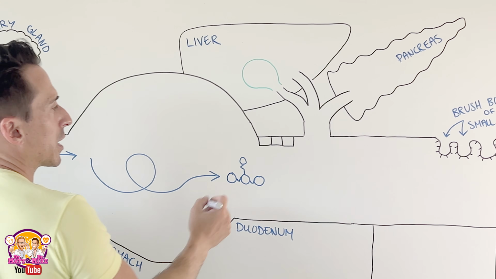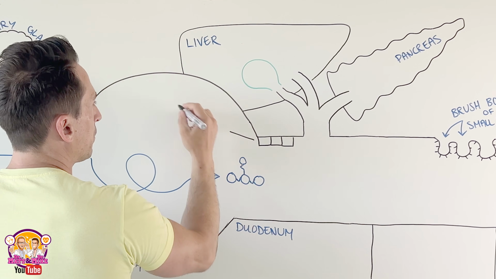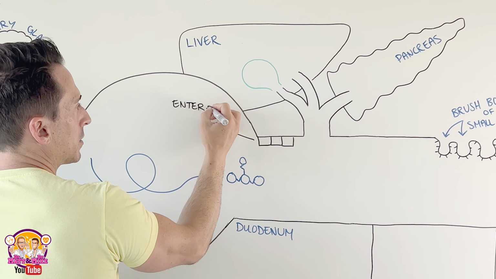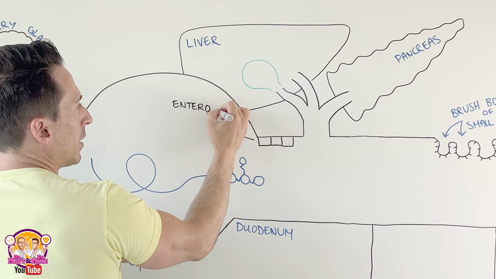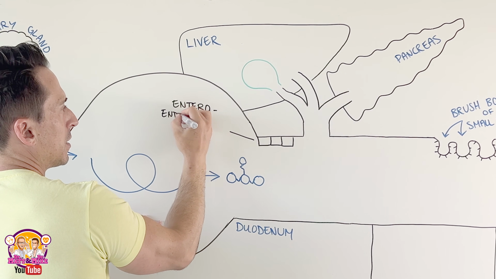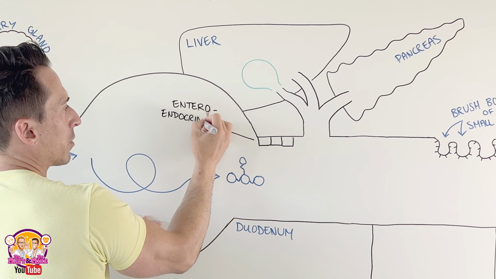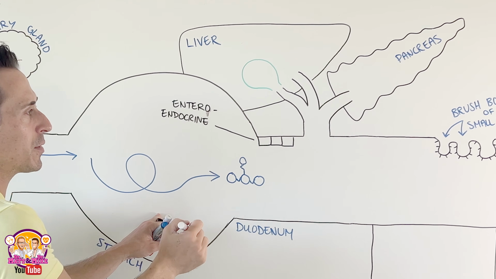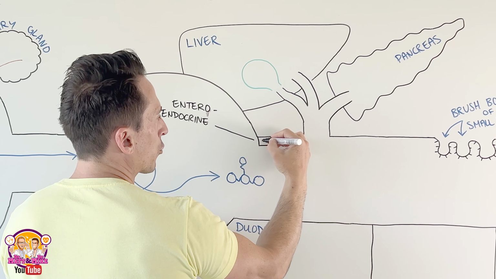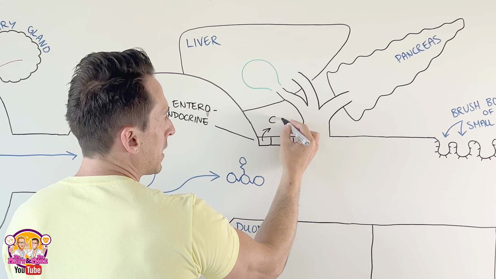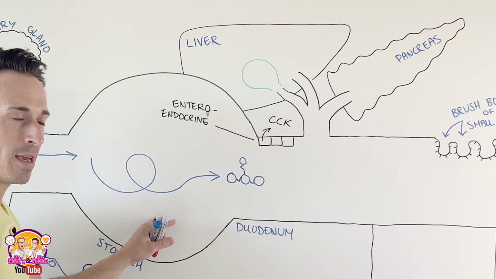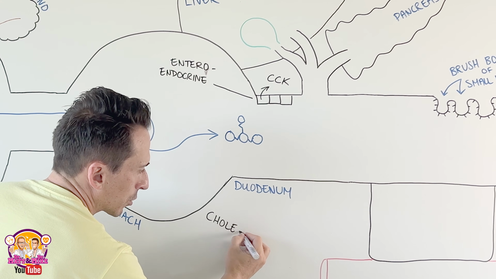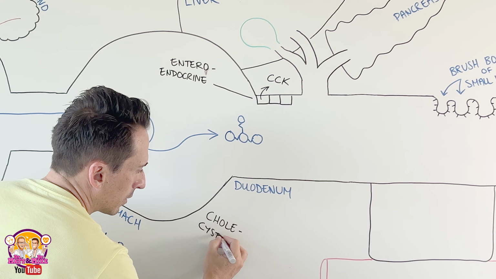These cells are called enteroendocrine cells, entero referring to gut. Now, what does endocrine mean? Endocrine means it's going to release a chemical into the bloodstream. And the chemical that it releases into the bloodstream is what we call CCK. Now, CCK stands for cholecystokinin.